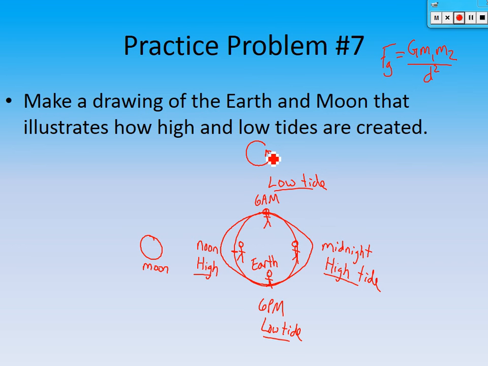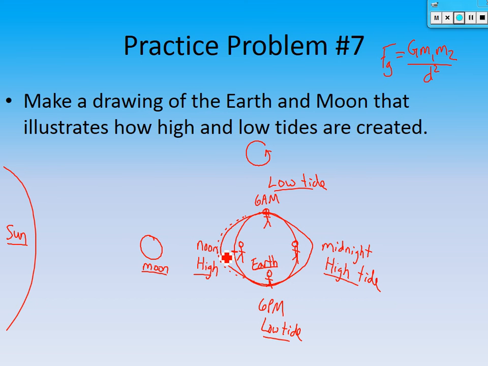Okay, but we haven't talked really about how the sun affects that. Because the sun, while it's not as dramatic as the moon, it does play into tides. So here's the sun. Now when the sun, the moon, and the Earth are all aligned like this, the tidal bulge right here is going to be a little bit greater.